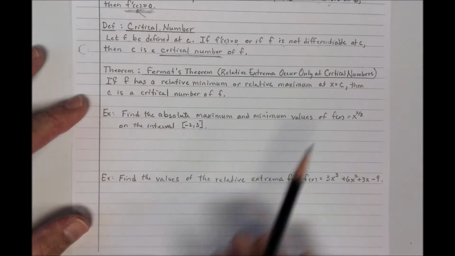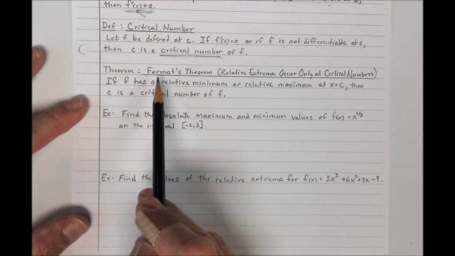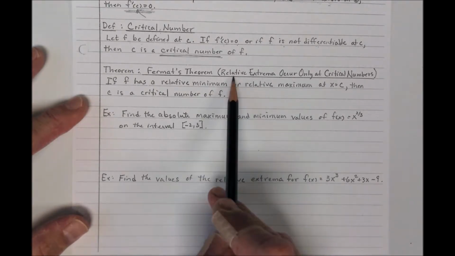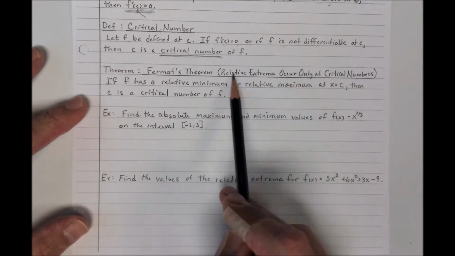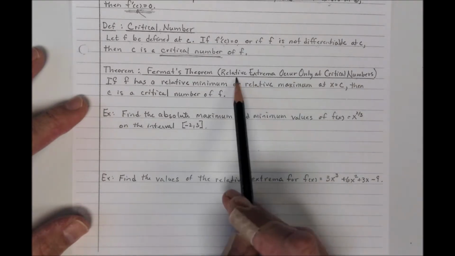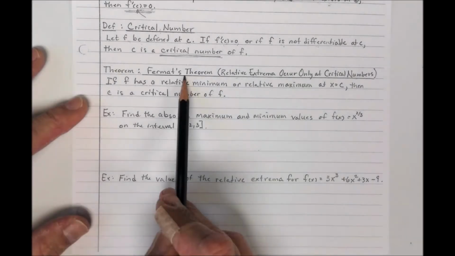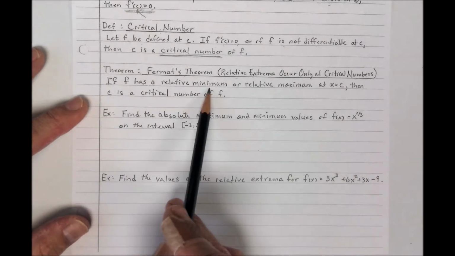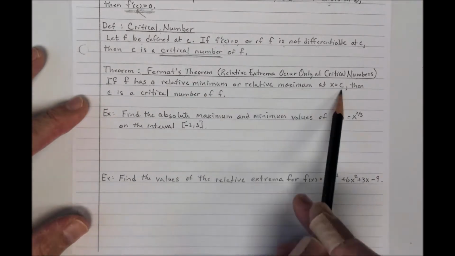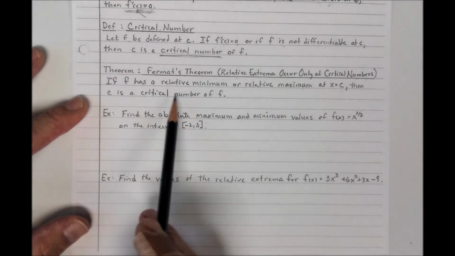All right, now, let me move this up just a little bit. Very important theorem. Fermat's theorem says, or sometimes the textbook says, that the relative extrema occur only at critical numbers. Well, the name kind of tells you what the theorem is all about, but it's probably better known as Fermat's theorem. It says if f has a relative minimum or a relative maximum value at x equals c, then c is a critical number of f.